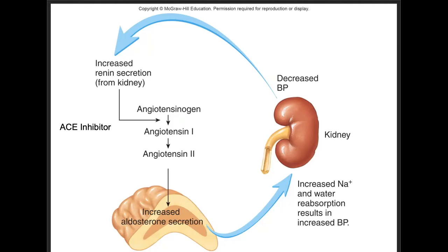Now, the aldosterone increases the rate of active transport of the sodium ion in the distal tubule and the collecting ducts. It will result in decreased water volume in urine, so it will reabsorb water and increase your blood pressure. So this is your aldosterone and the regulation of the sodium and water in your extracellular fluid.